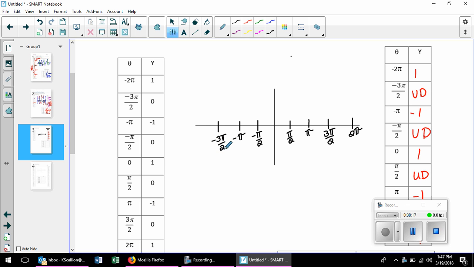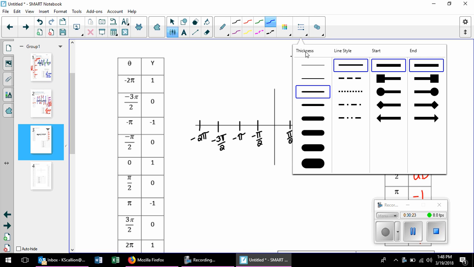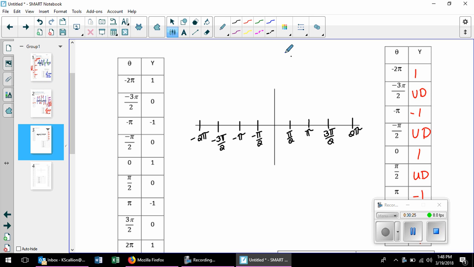So what's the problem with this information? Again, I don't have enough information, right? I need more knowledge. I'm going to draw my asymptotes just because I can.